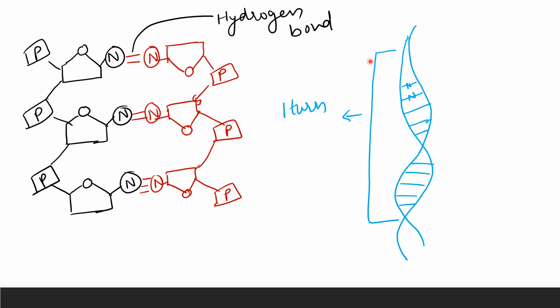This whole is known as one turn. This is a question of your entrance exam. Sometimes they ask what is one turn. This one turn is also known as the pitch of DNA. Remember this, they do ask what is the pitch of DNA.